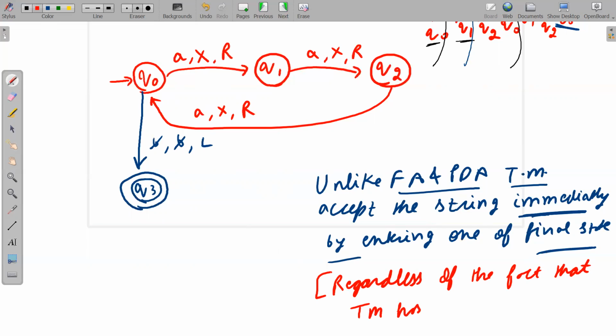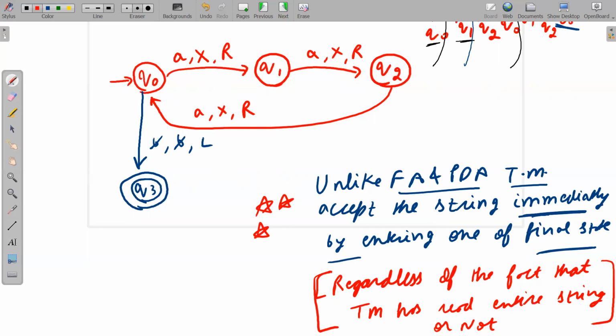These are very important points. Please make a star and note it down carefully. Otherwise, you will get confused in the construction of Turing machine. So unlike FA and PDA, Turing machine accepts the string immediately by entering one of the final states, regardless of whether the Turing machine has read the entire string or not.